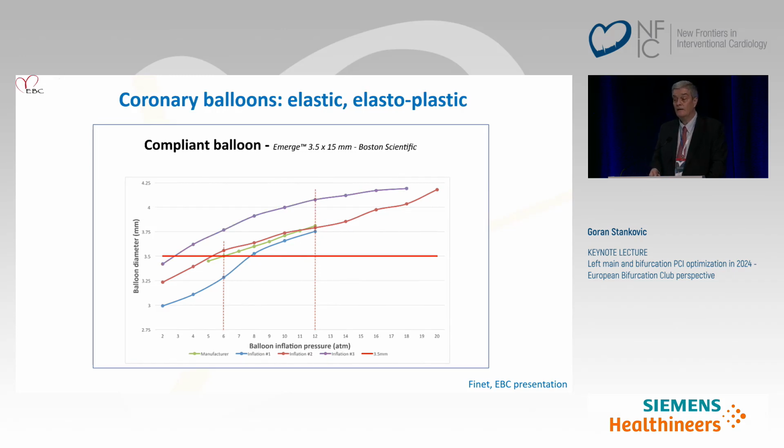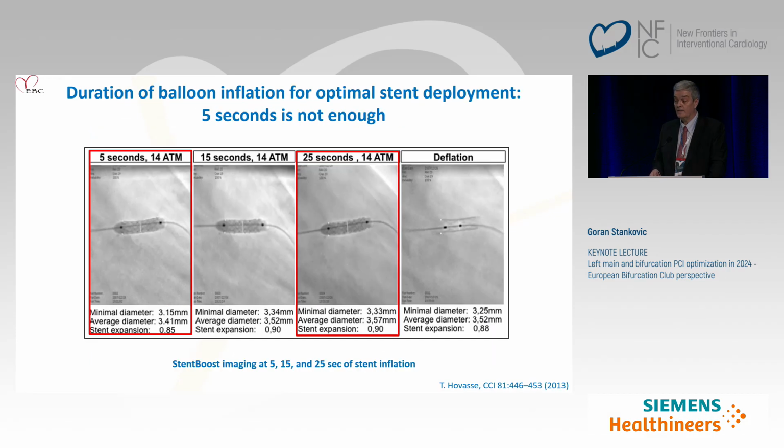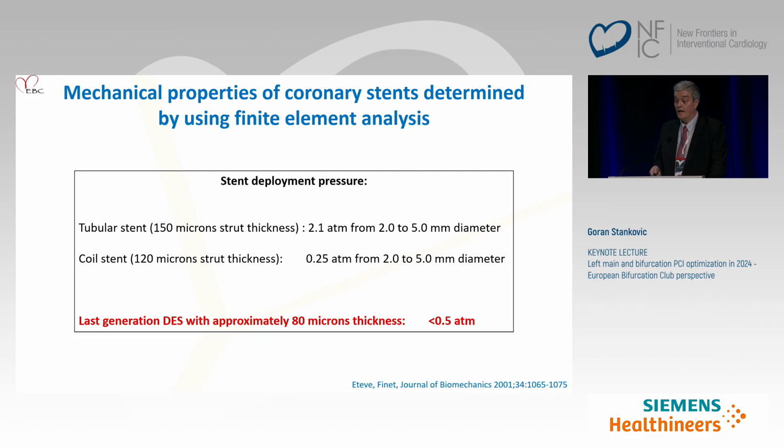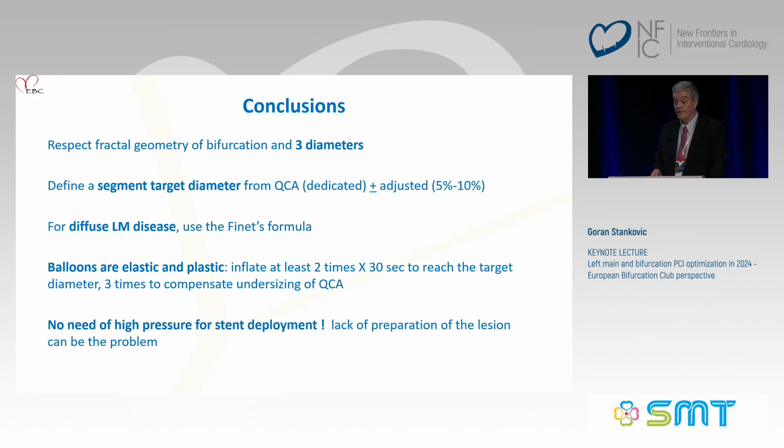So very early you achieve a big expansion. And you should keep balloons for at least 30 seconds. Important message also, to deploy stent of the current generation, you need less than half atmosphere. So it's a very fragile structure, and we don't need high pressure to deploy the stent.